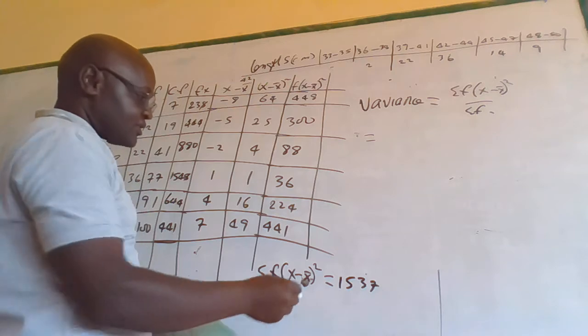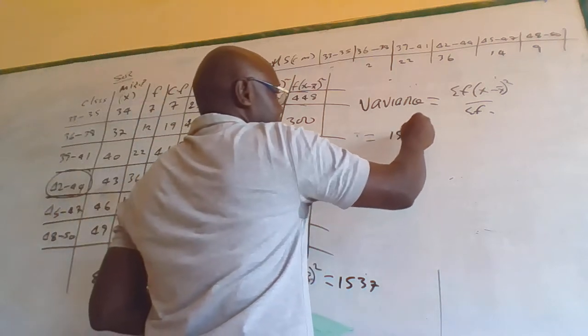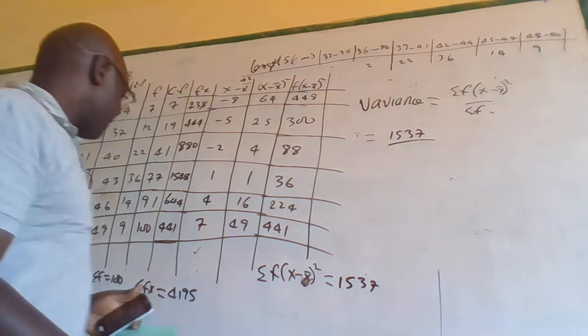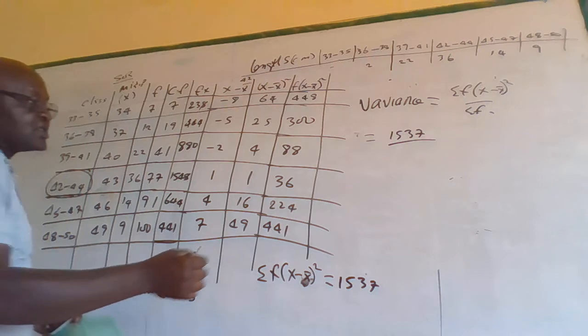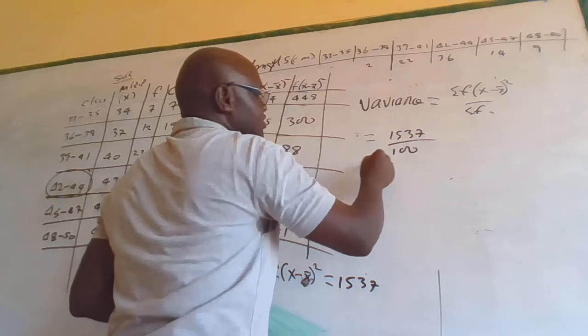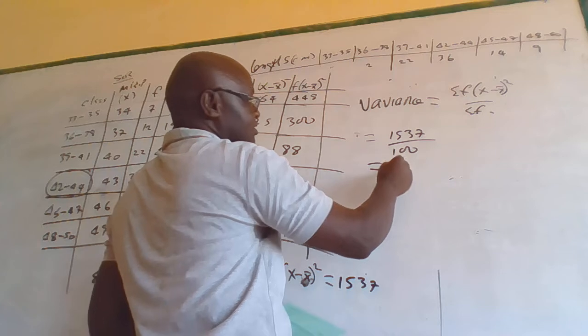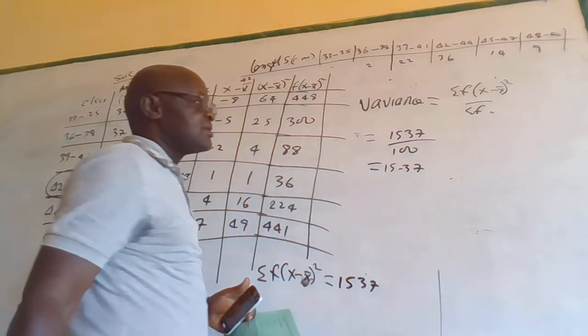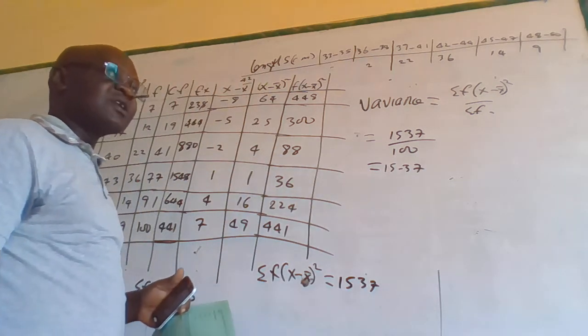Now summation of that we have 1537 over summation of f. This frequency is 100. So this equals 15.37. So that's our variance.